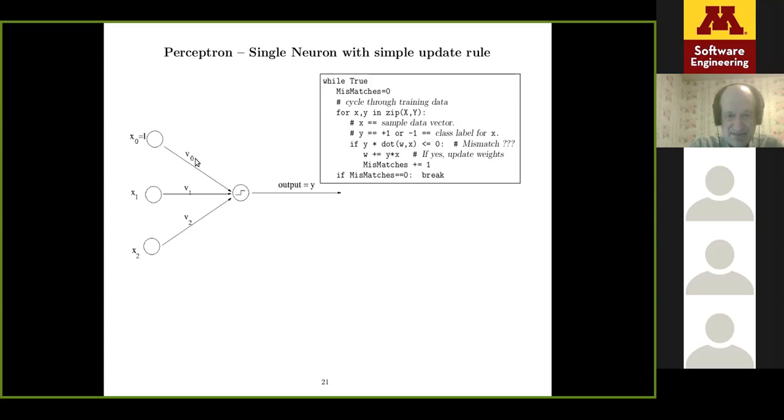This is actually the v's, and that's what I'm trying to learn. What I'm trying to learn is the w. Remember, the x's here are the input data, and the y's are the input labels, and those are the two pieces that I'm given. The W is the unknown vector I'm trying to discover, which is initialized to 0, or to some random collection.